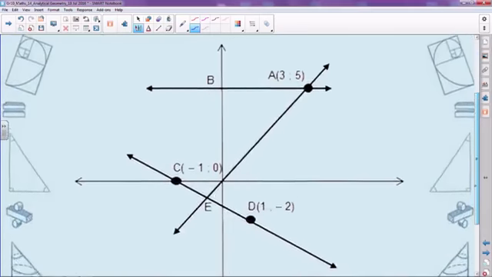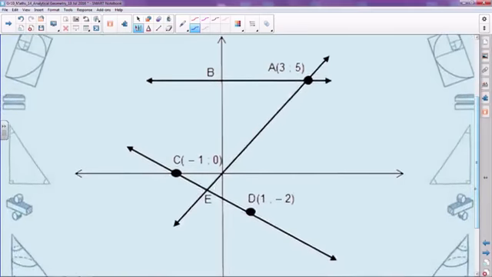So I'm going to scroll down. Once again, there are only 3 lines. We've got line AB that I want you to find. We've also got line CD, and we've got line AE. Let's make it AE, alphabetical. I'm going to give you 3 minutes. Let's see how you do.